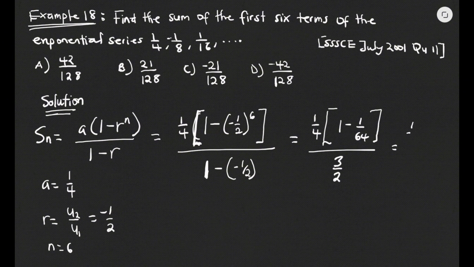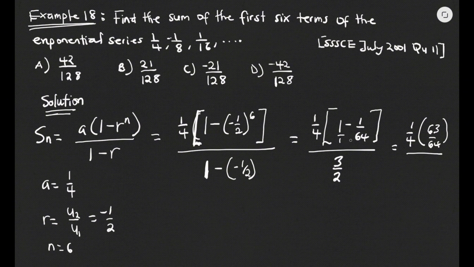We have 1 over 4 outside into bracket. I compute this into the calculator. So 1 minus 1 over 64 will give me 63 over 64. I used the calculator straight, but you just need to find the LCM for this.